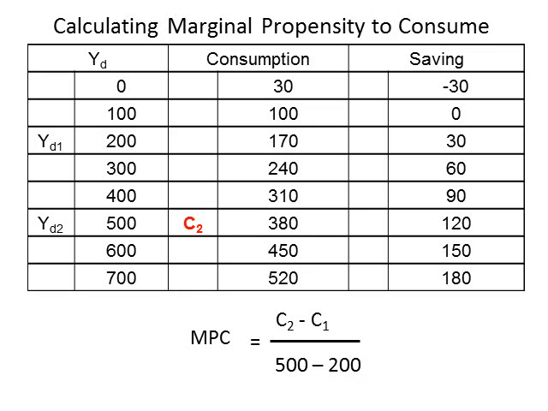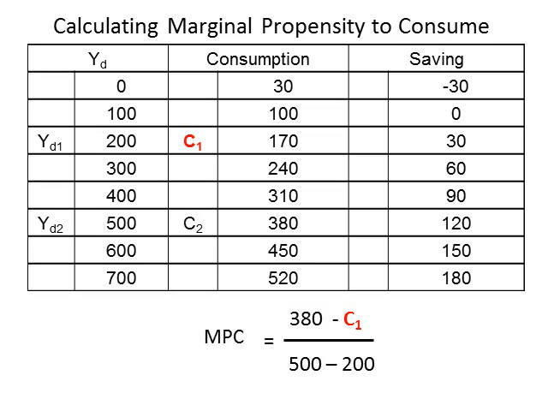Next, we're going to select a level of consumption for C2, and this one we're sort of forced to make the choice of 380 because we have selected 500 to be our second level of income, or our Y2. So we're going to substitute the C2 in the table into C2 in the formula, which means we're going to take the $380 that is in the table and put it into the formula for C2.